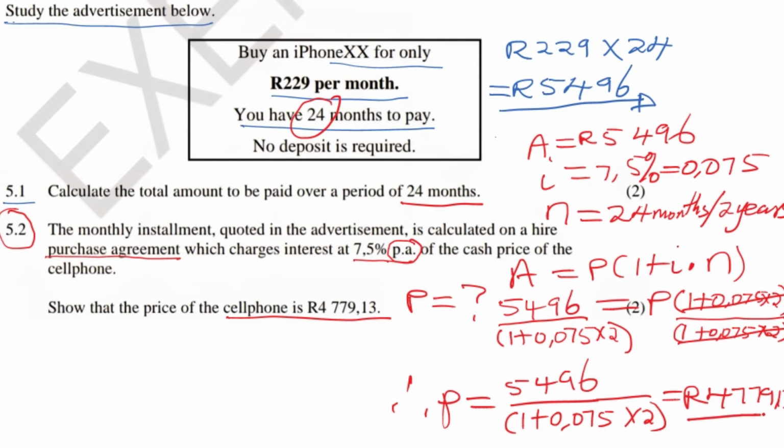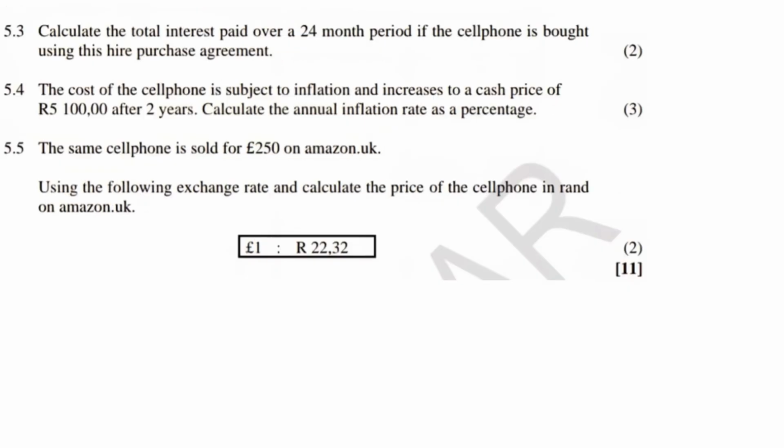That becomes the value of P. All right, moving forward, we are on 5.3 now. It says we must calculate the total interest paid over the 24-month period if the cell phone is bought using this hire purchase agreement.